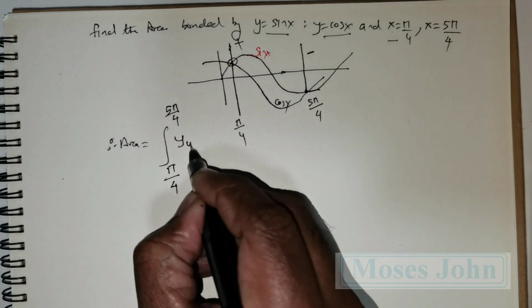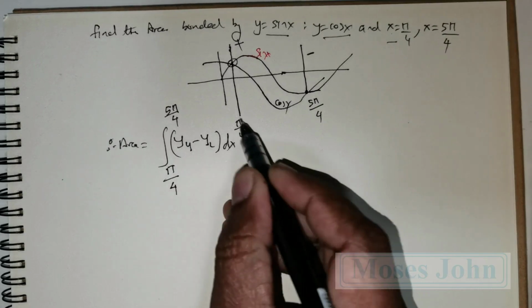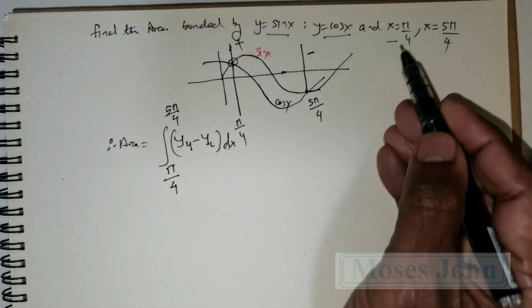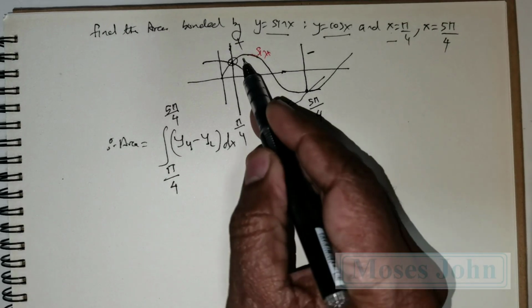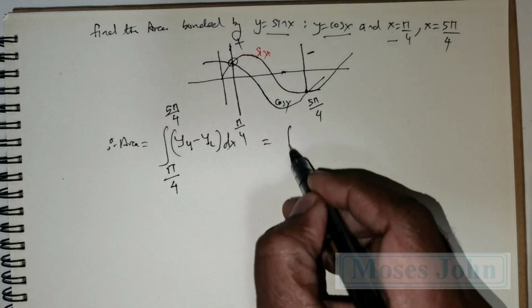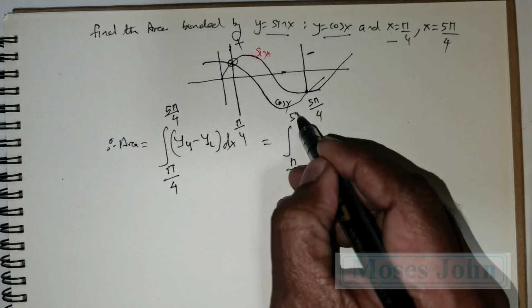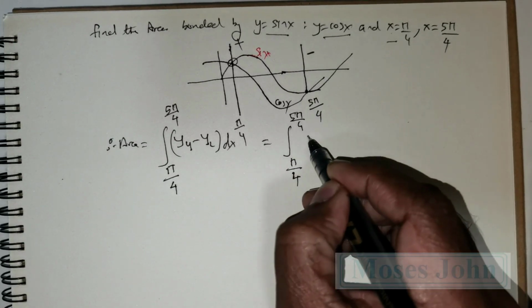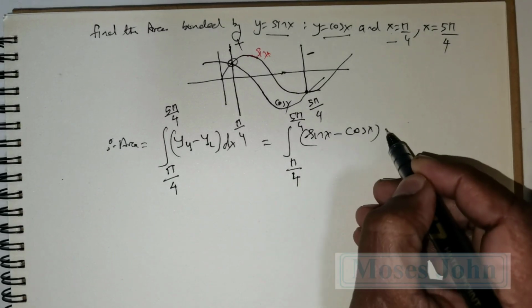And for two curves, y upper minus y lower times dx. Y, the change is for the x-axis. Now y upper is sin x. So that's going to be limits pi over 4 to 5 pi over 4. Y upper is sin x minus y lower is cos x times dx.